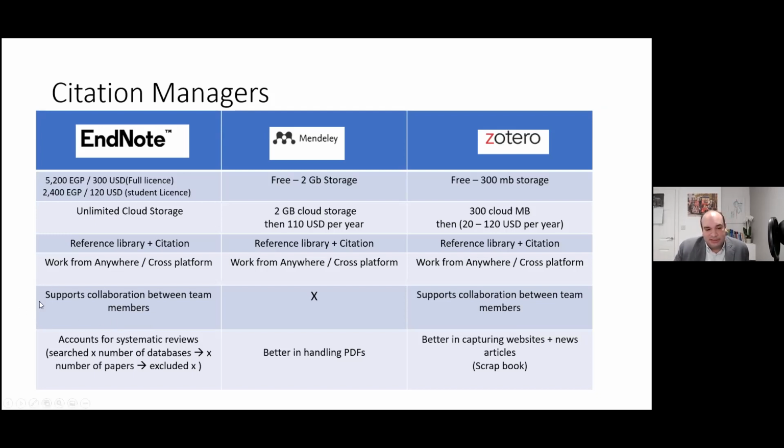Practically speaking, I haven't come across a situation where I have EndNote and my co-author also has EndNote, and we used it together. It could be useful if you're part of a big study and everyone's writing their bit. Mendeley does not have that option. Zotero does have the option.